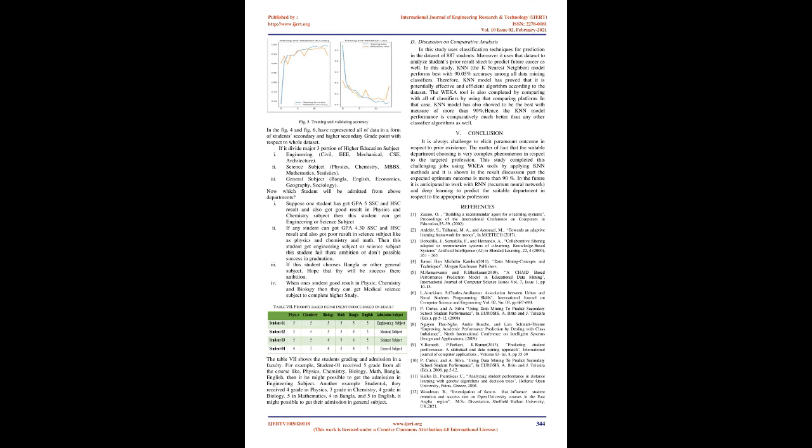Therefore, the KNN model has proved to be a potentially effective and efficient algorithm according to the dataset. The WEKA tool was also used to compare all of the classifiers on that comparing platform. In that case, the KNN model also showed to be the best, with a measure of more than 90%. Hence, the KNN model's performance is comparatively much better than any other classifier algorithms as well.